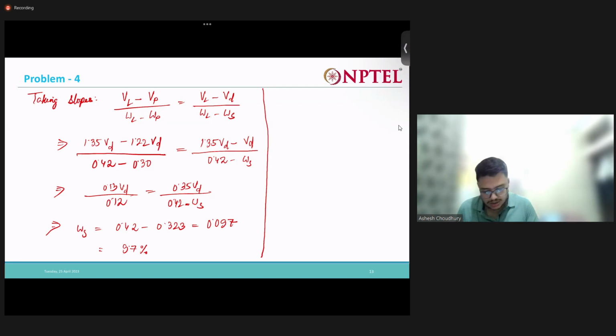The next task is to determine the shrinkage ratio.